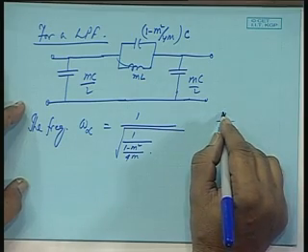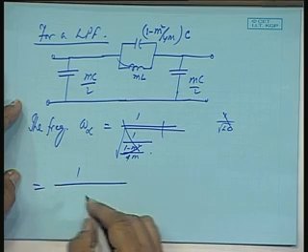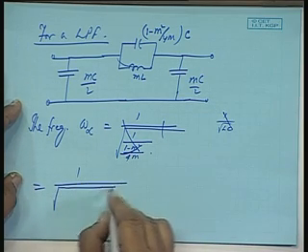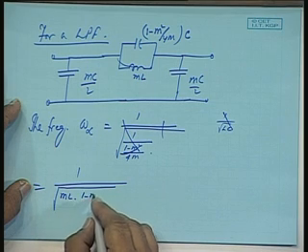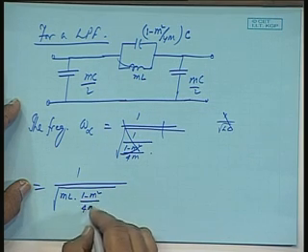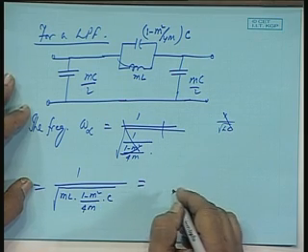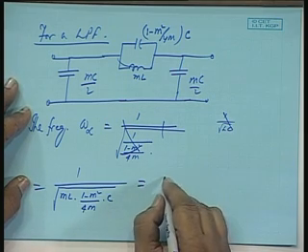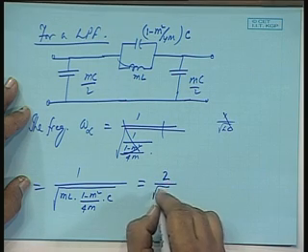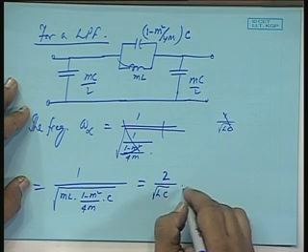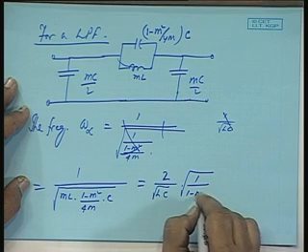So, we put that value: 1 by, it is m into L into 1 minus m square by 4m into C. So, that gives me, is this all right? 2 by root LC into root over of 1 by 1 minus m square.